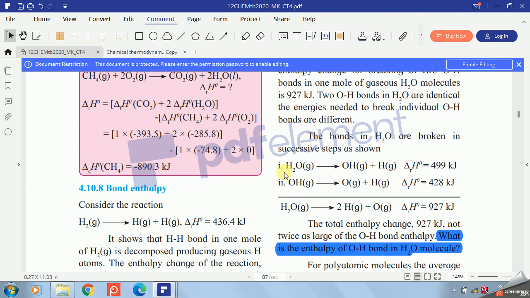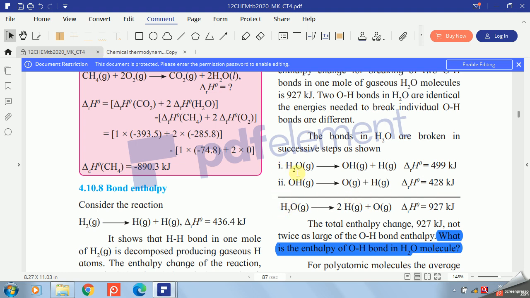Because after breaking that bond, the species are different. For H2O, first we break one O-H bond and we get HO plus H. The bond enthalpy is 499. If we break the remaining OH bond, we get O gas plus H gas, and the enthalpy of this reaction is 428.